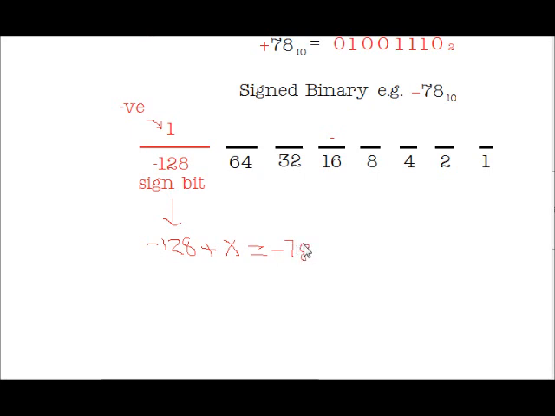So if you do your equations properly, x will be equal to 128 take away 78, which is equal to 50.